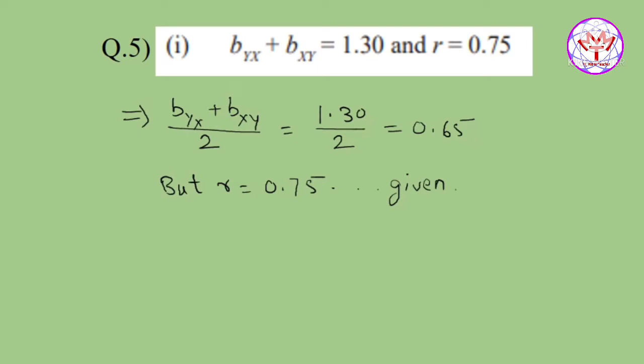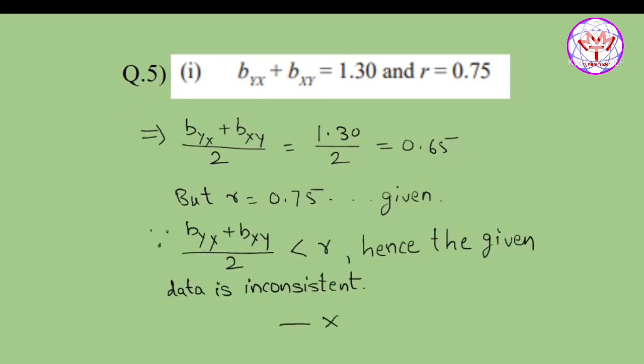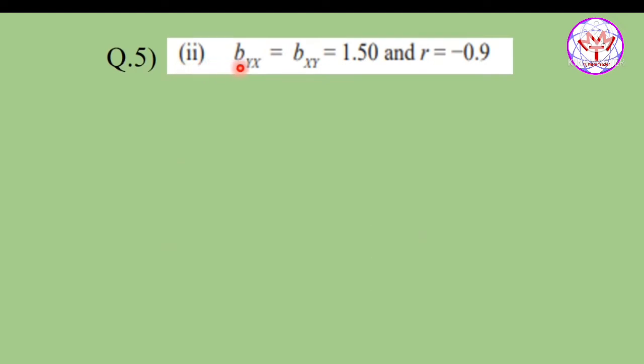So let's write. Fine. So now let us start with the second sub question. The second sub question is byx is equal to bxy is equal to 1.50 and r is equal to minus 0.9. Now students, we know that the sign of byx, bxy and r is always similar.